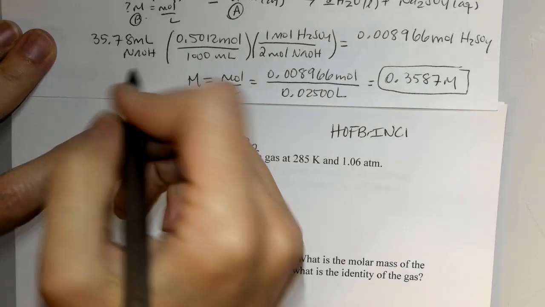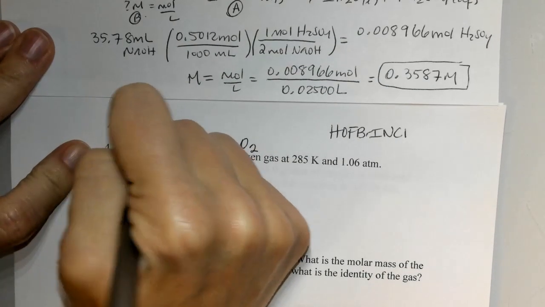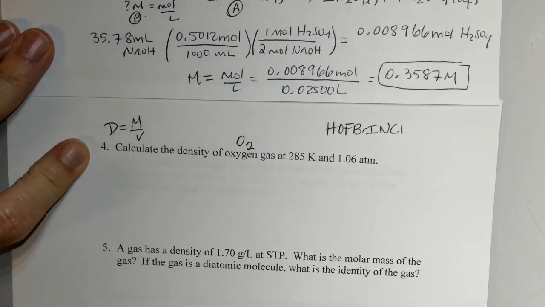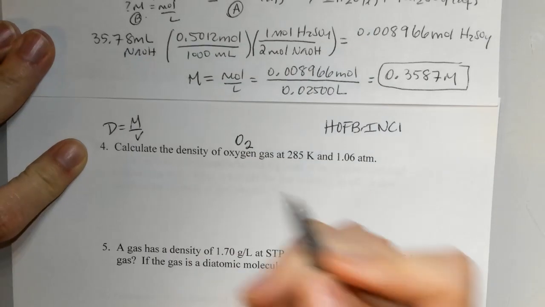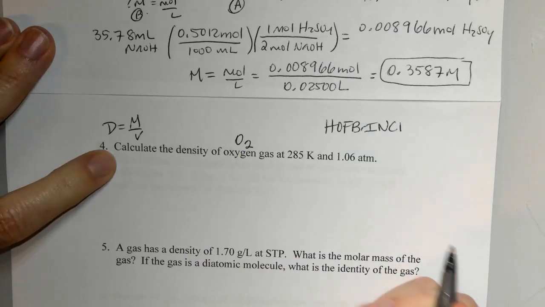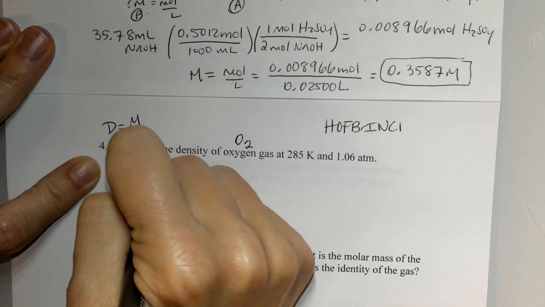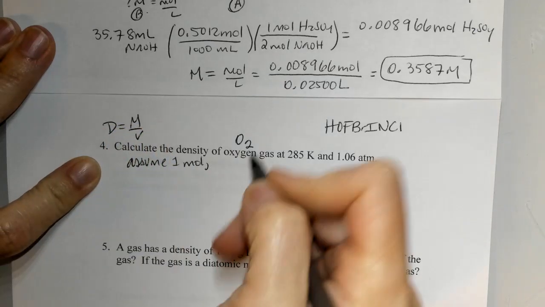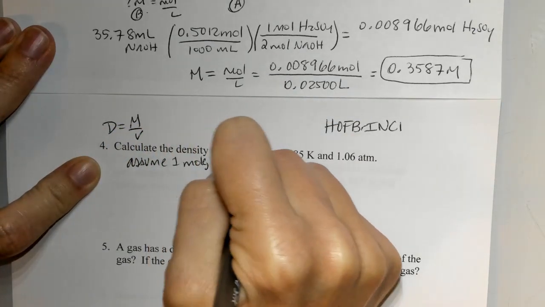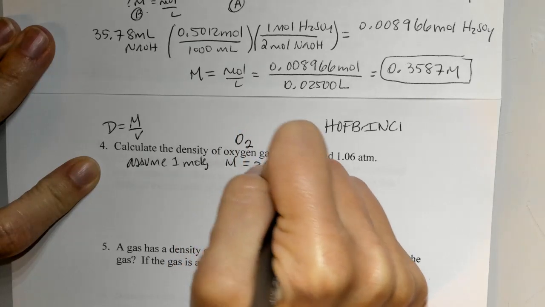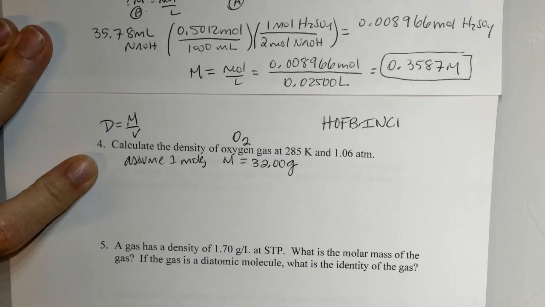Now we want density. We know our formula, density is mass over volume, and we don't have a mass or a volume, right? So the idea with this is we're going to assume that we have 1 mole. So the mass becomes the molar mass, which would be 32.00 grams for the 2 oxygens.